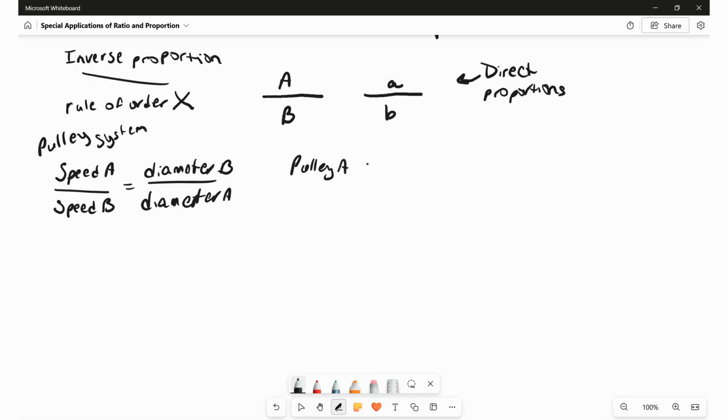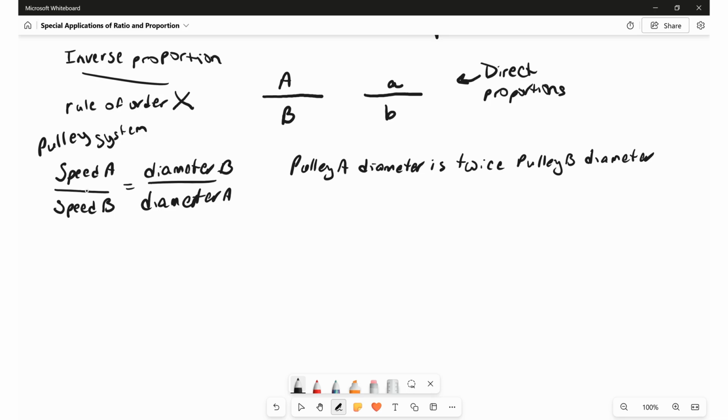So the pulley A diameter is twice the pulley B diameter. Okay.